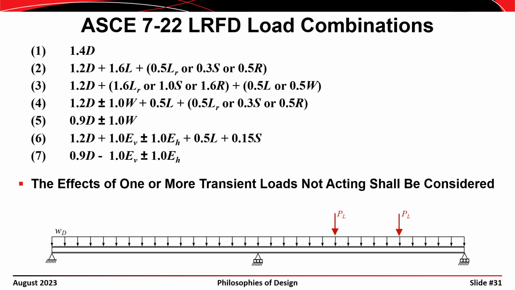Similarly, if you were to design for just the 2 loads in the second span, that would actually lead to a larger positive moment in the second span than if all 4 live loads were acting together, and might result in a negative moment in the first span as well. So the takeaway here is that you have to consider different permutations of transient and environmental loads acting on the structure. Sometimes the case of some or all of the transient loads not acting is actually the critical case.